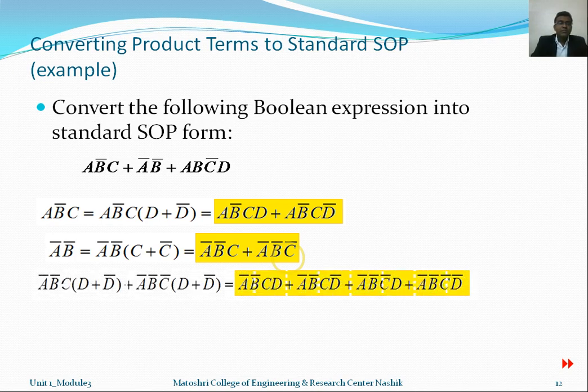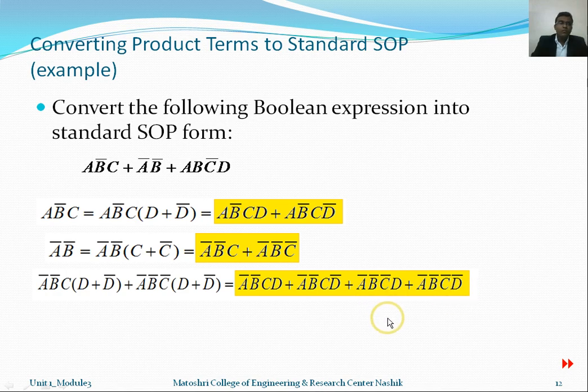So we again AND the missing variable ORed with the missing variable's complement to the remaining expression, and for this single A bar, B bar, C we get the first 2 standard SOP forms, and for the second product term A bar, B bar, C bar, which is non-standard, we also get 2 standard product terms like that.